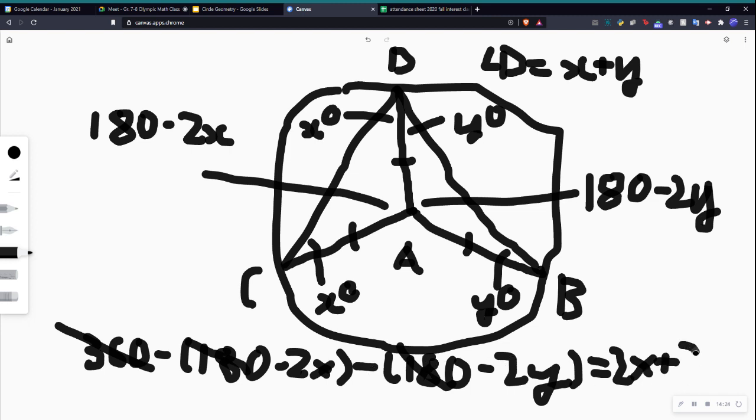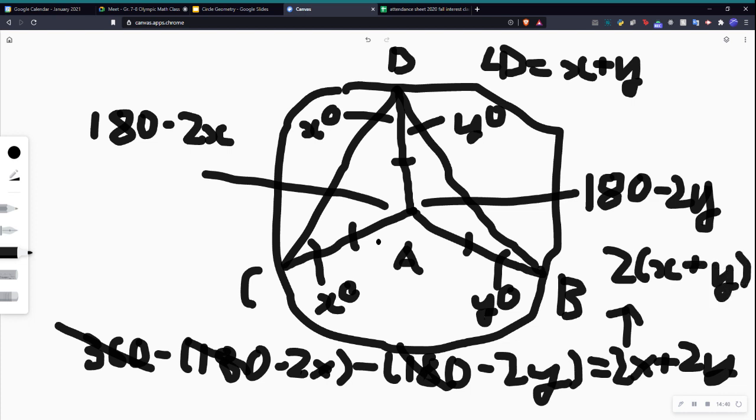So this is just 2x plus 2y. And if you notice, 2x plus 2y, I'll just write up right here, this is just 2 times (x plus y). Meaning that angle A is twice the value of angle D, right? So 2 times (x plus y) is twice the amount of (x plus y). And that's the proof of the Star Trek theorem.